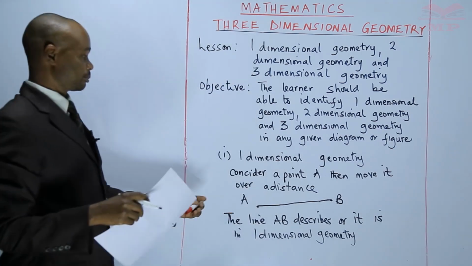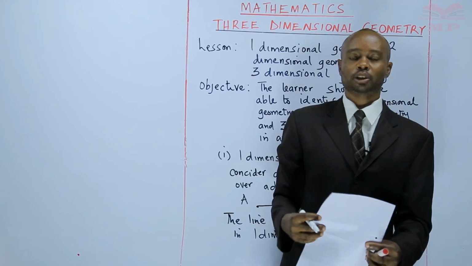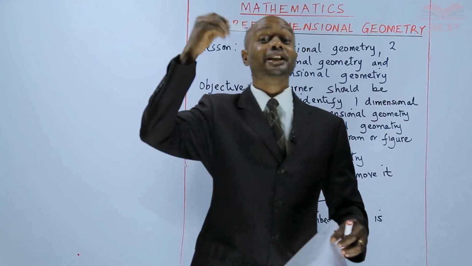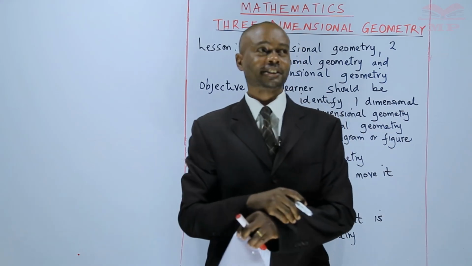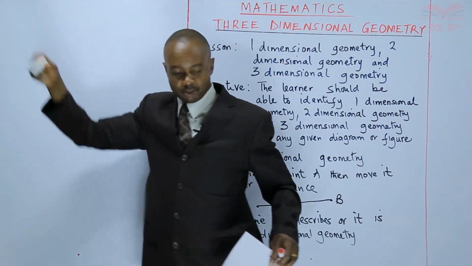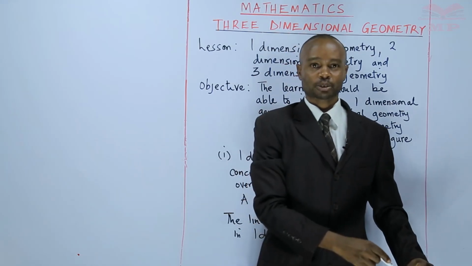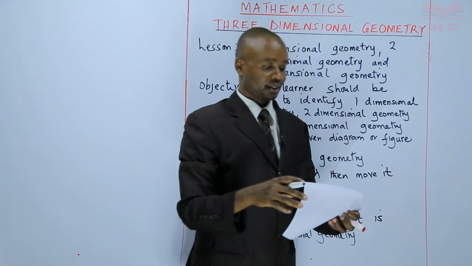So a line is a typical example of one-dimensional geometry. And when you consider a line, do not only think of a line. It could be a wire. Like if I stretch a wire from that point up to the floor, that is one-dimensional geometry. Think of a wire, a real life situation.